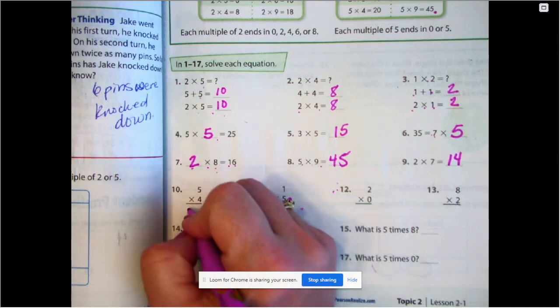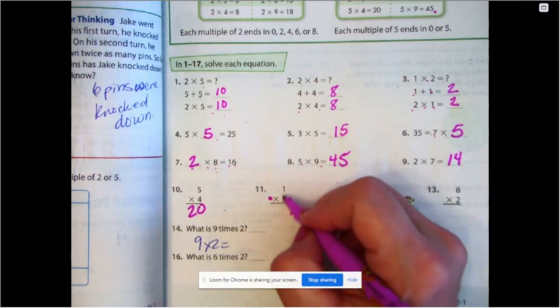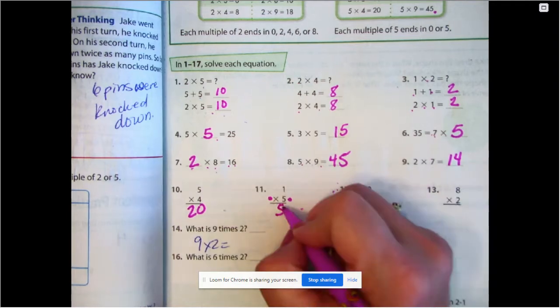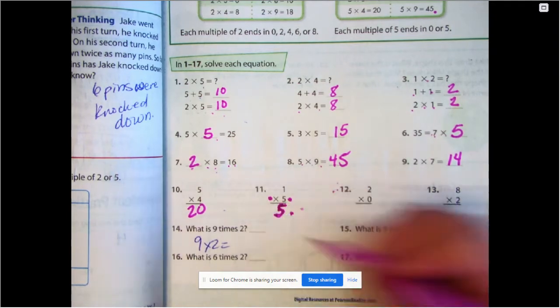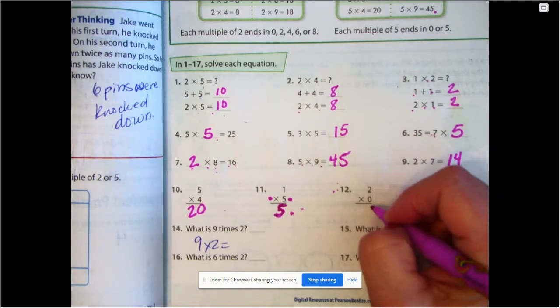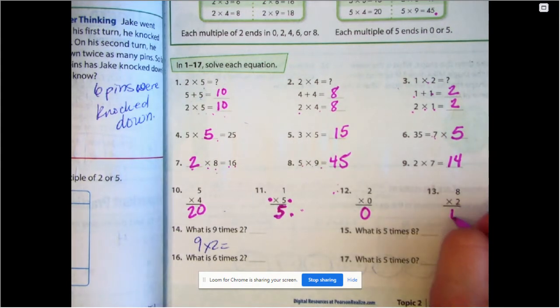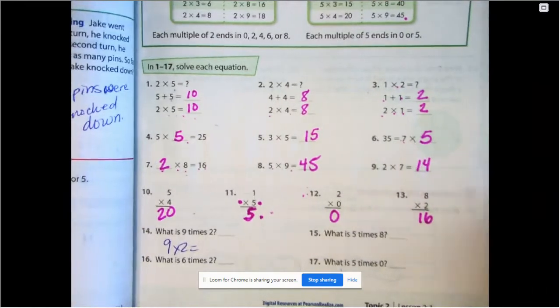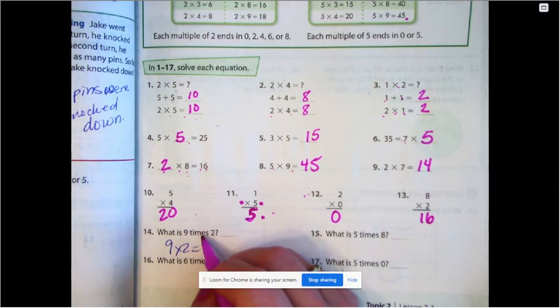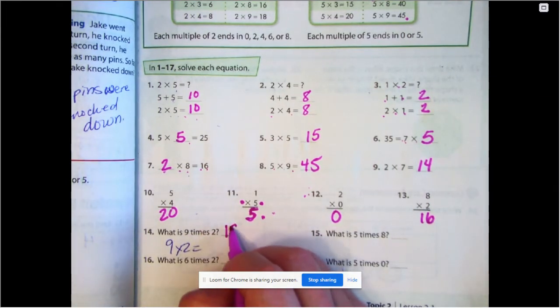5 times 4. 5, 10, 15, 20. 5 times 1. 5. Any number times 1 will be itself. 2 groups of 0 is nothing. 8 groups of 2, 16. What is 9 times 2? 18.